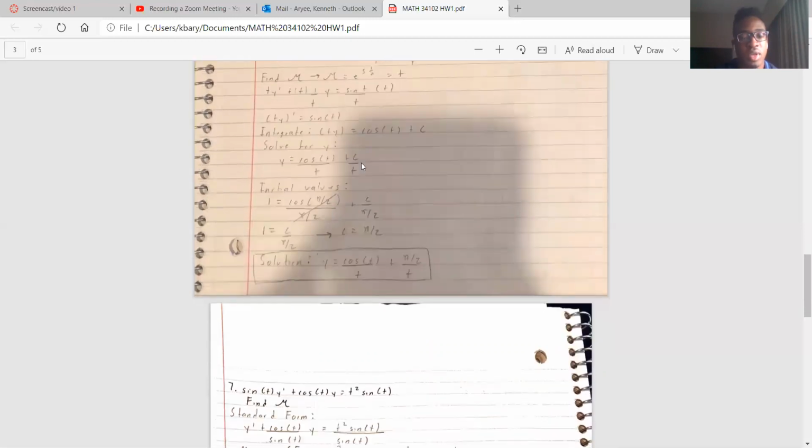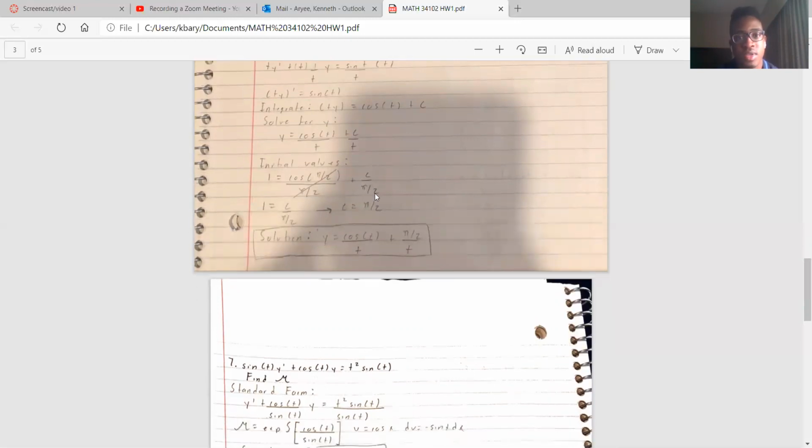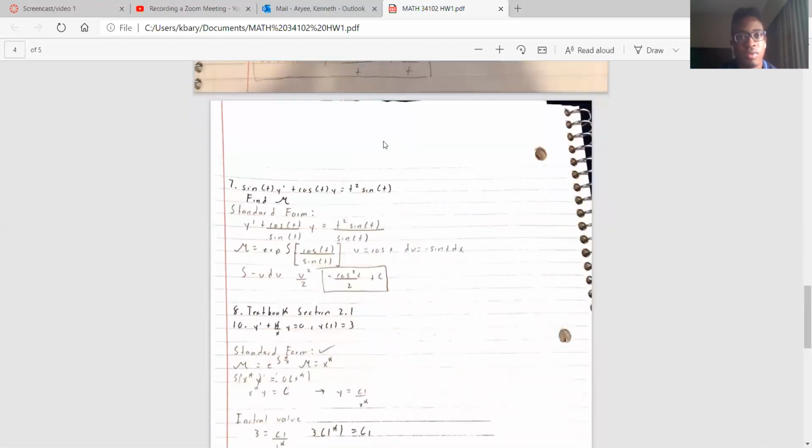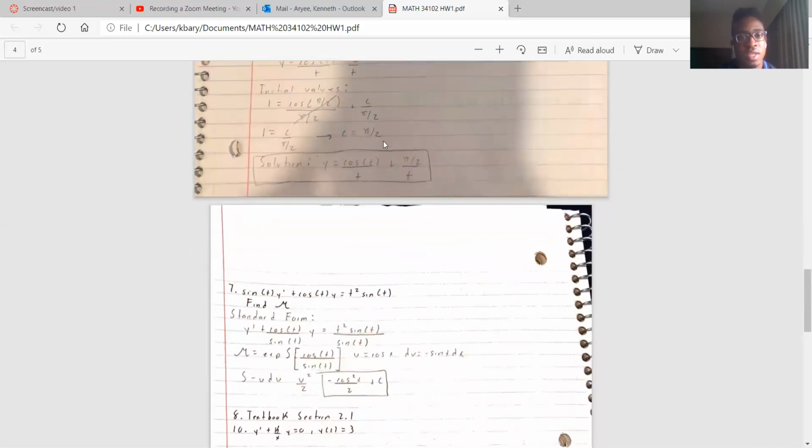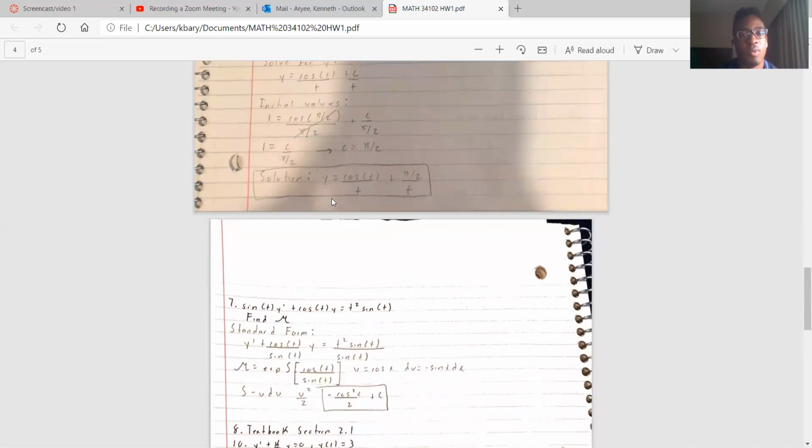And then after you plug these values in, you end up getting c equal to pi over 2. So you would just plug that pi over 2 into the general solution that you found earlier, and your solution after using the initial values would now be y equals cosine of t over t plus pi over 2 over t.